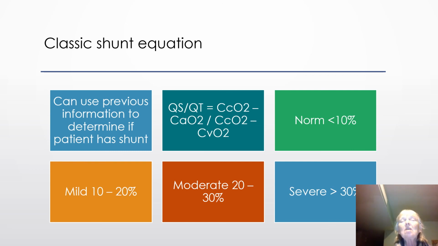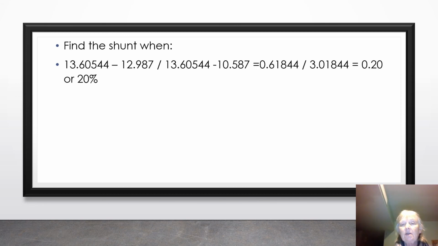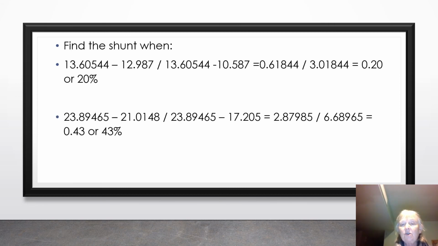We're starting to get a little concerned at this point. Moderate is 20 to 30%, and severe is anything greater than 30%. Moderate and severe, we're really concerned. So here's a problem showing how it's worked out.